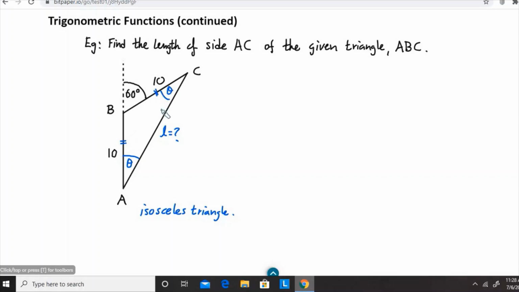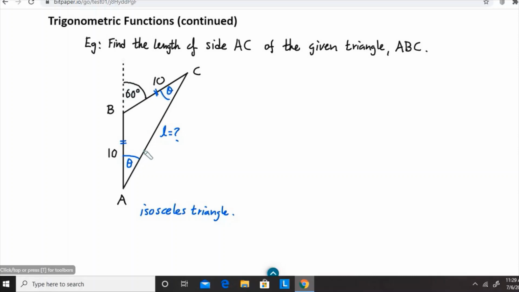And then we also know a very fundamental geometric principle saying that the sum of the two opposite angles, that means these two angles, is equal to the exterior angle. So that's the exterior angle.